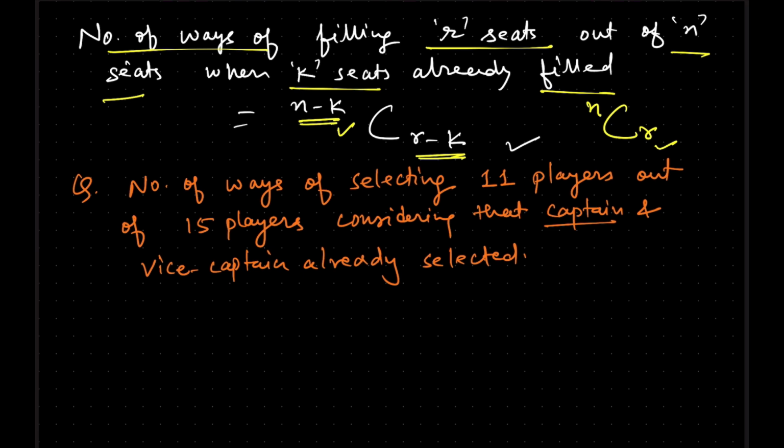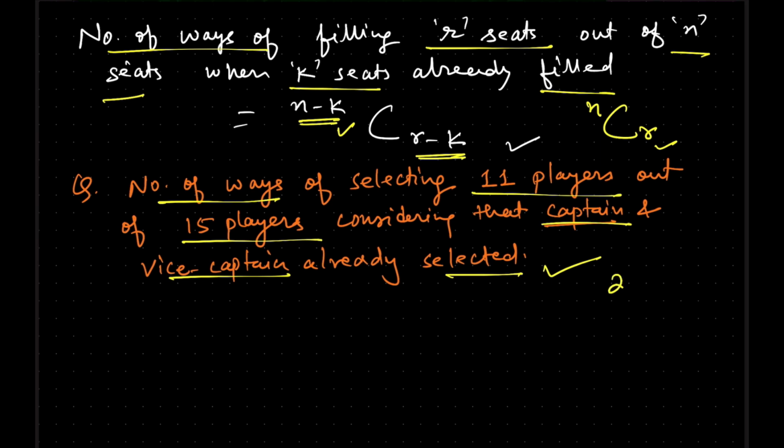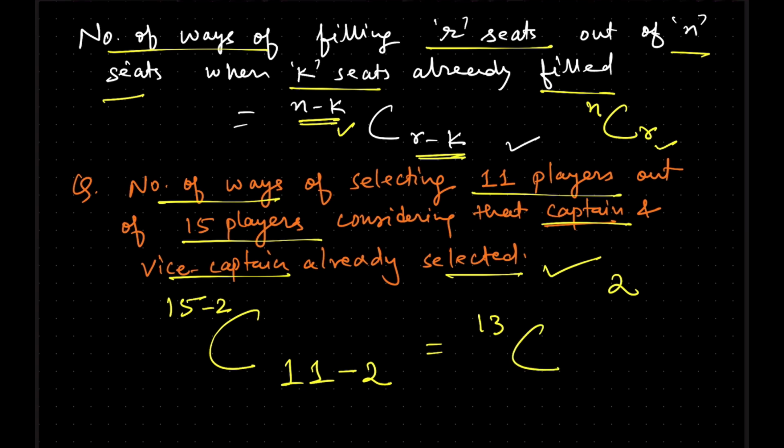Suppose we want the number of ways of selecting 11 players out of 15 players, considering that the captain and vice captain are already selected. So 2 people are already selected and there are 15 players in total, and you have to select 11 players. But since 2 are already selected, we subtract 2 from both. Now we have only 13 players left, and out of 13 we have to select only 9 players. That's why we have this formula, n minus k C r minus k.